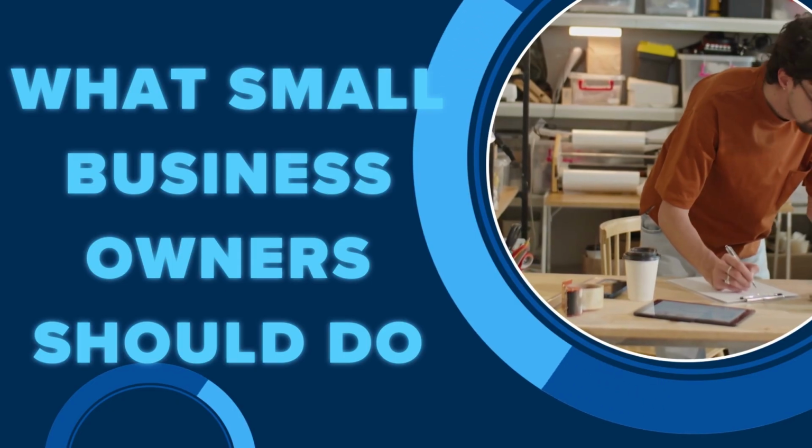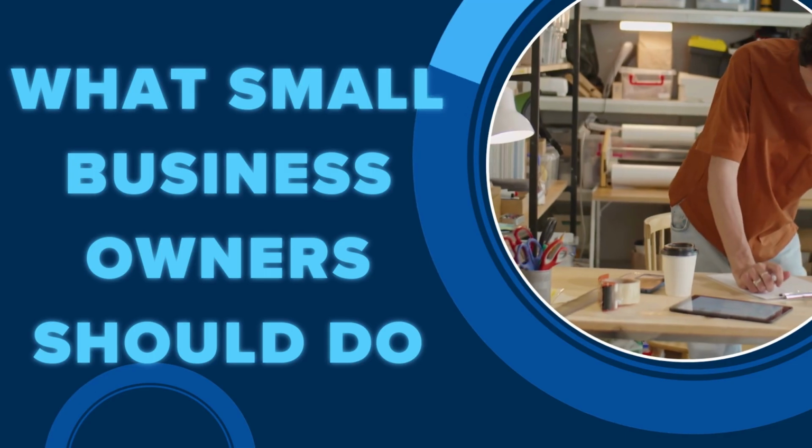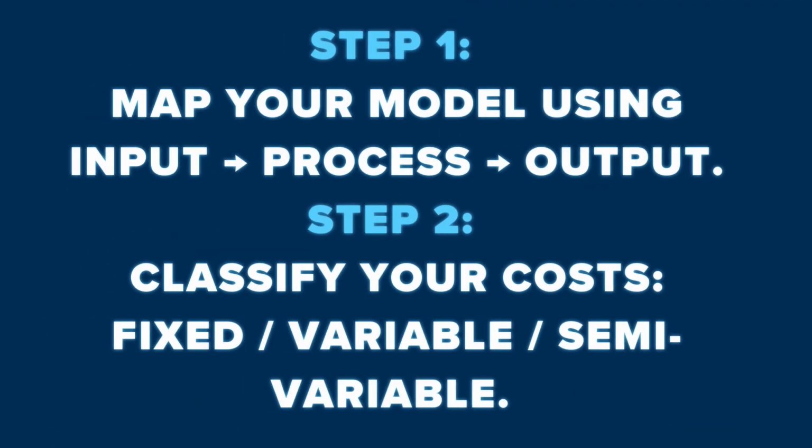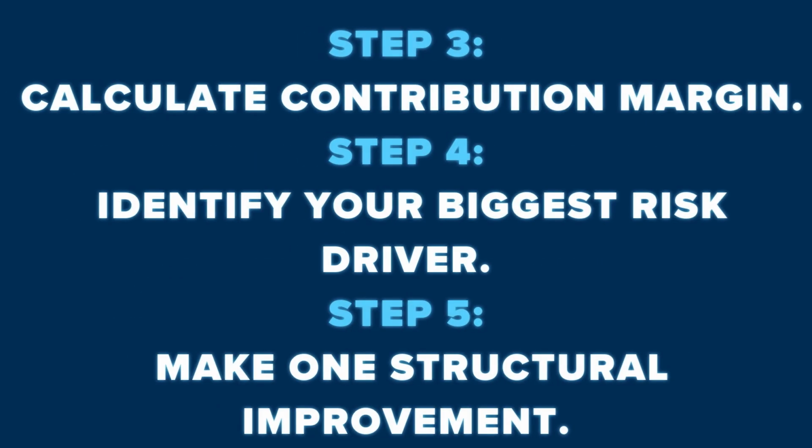So here are 5 steps on what I think small business owners should do. In step 1, you map out your model using input, process, output. In step 2, you classify your costs: fixed, variable, semi-variable. In step 3, you calculate the contribution margin. In step 4, you identify the biggest risk driver.